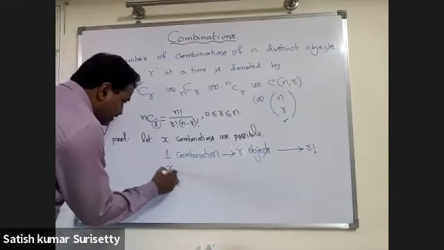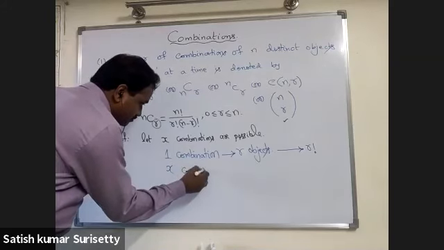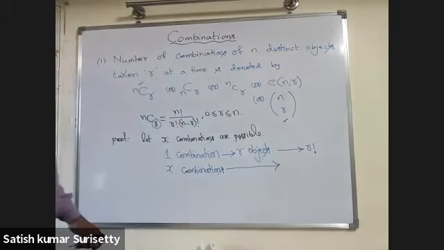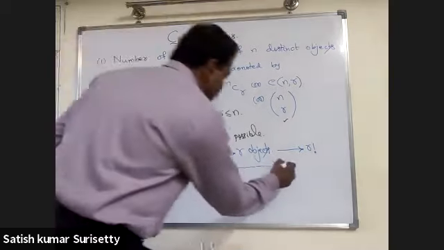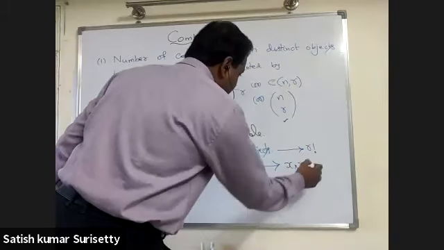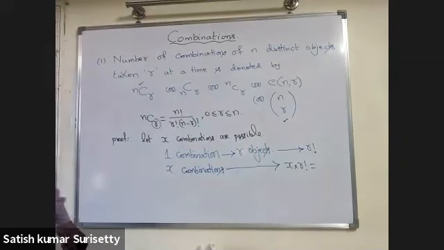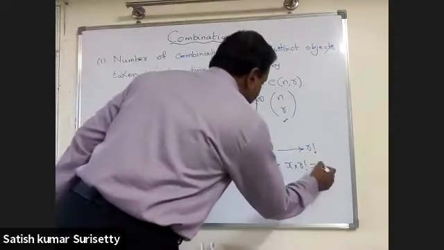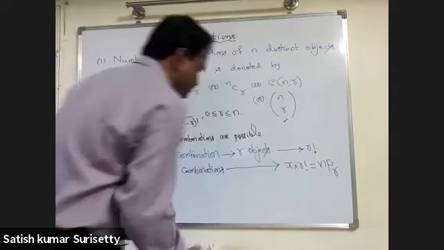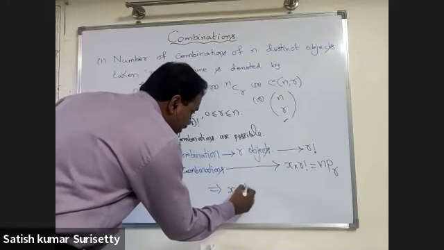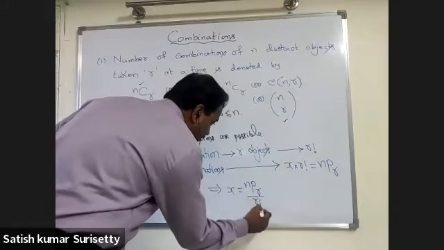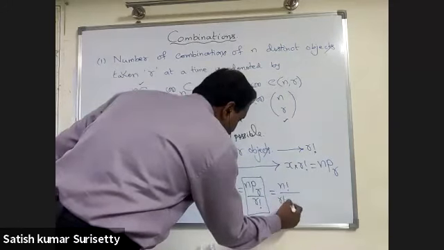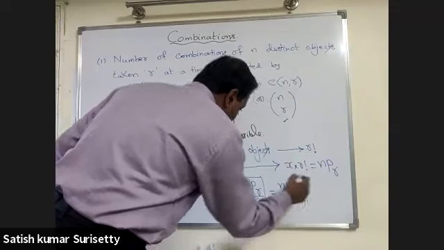For x combinations, the number of arrangements possible is x into r factorial, which is the same as the number of arrangements of n distinct objects taken r at a time, which is nPr, which implies x equal to nPr upon r factorial, or n factorial upon r factorial into n minus r factorial.